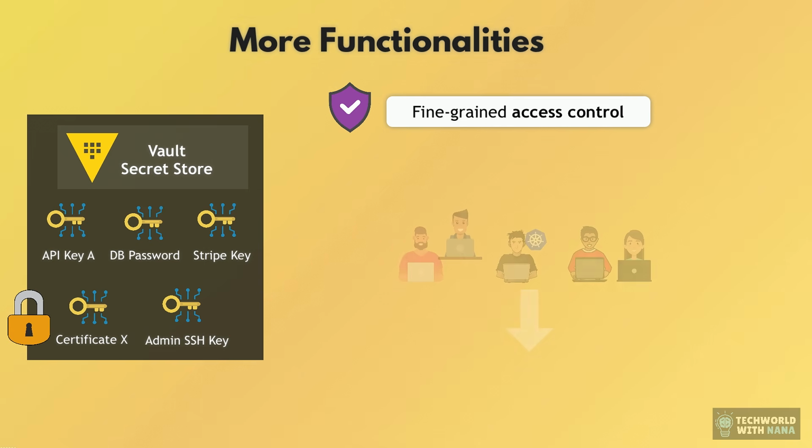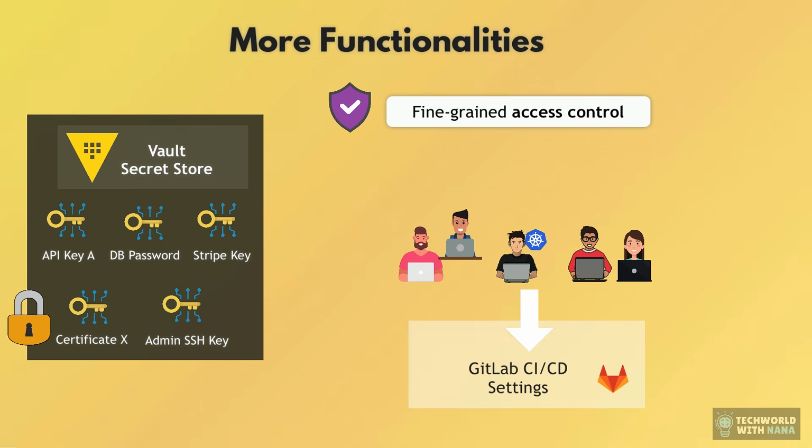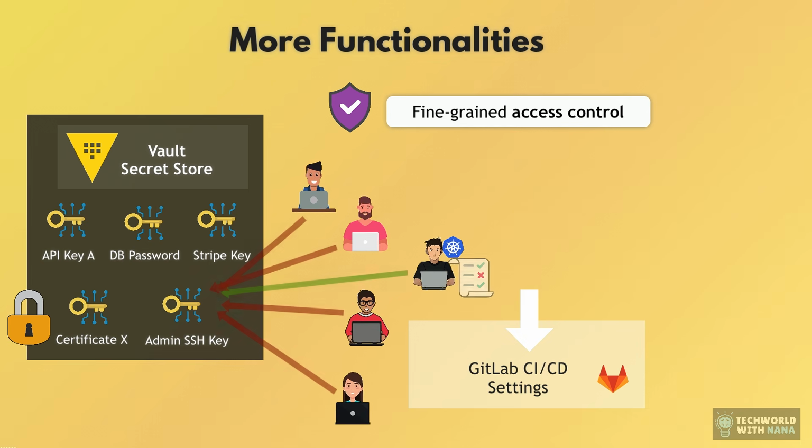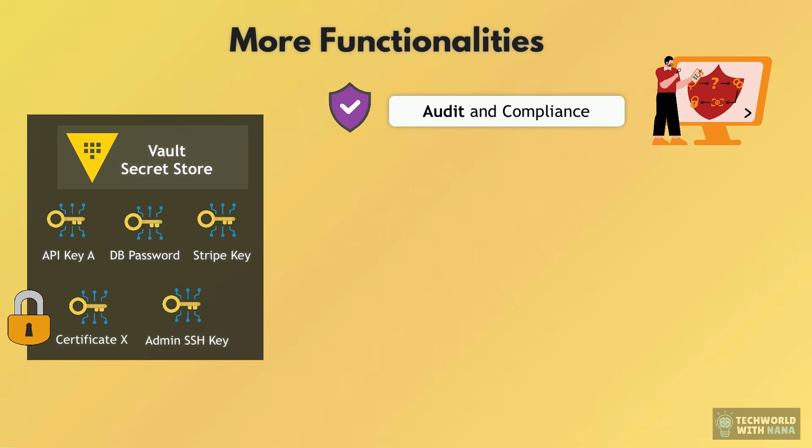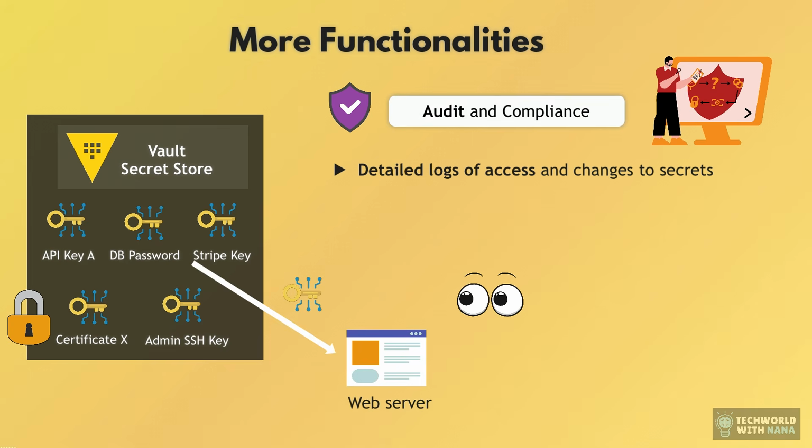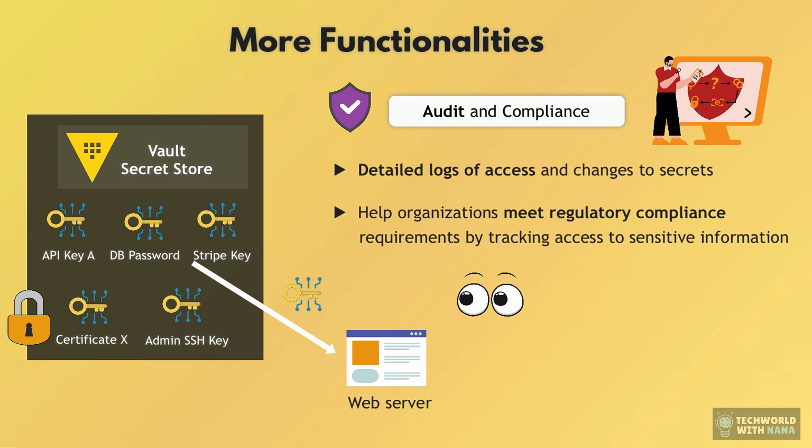So now instead of everyone in an organization that has access to CI/CD pipeline seeing the secrets configured there, now you need explicit access to the secret to see it in Vault. And on top of that, we have auditing. So we can see what secret data was retrieved or accessed by web server at what time, what credentials were accessed by different engineers.